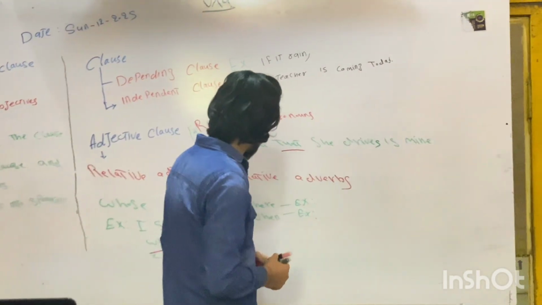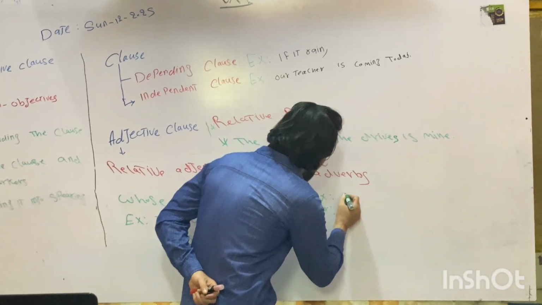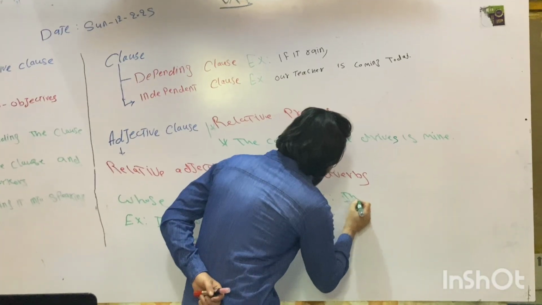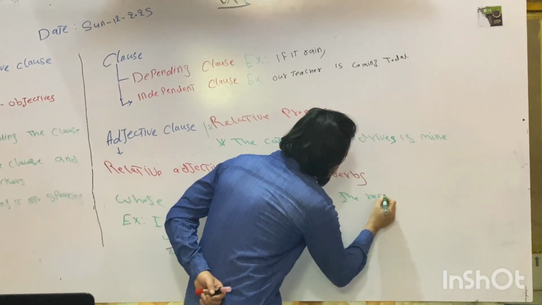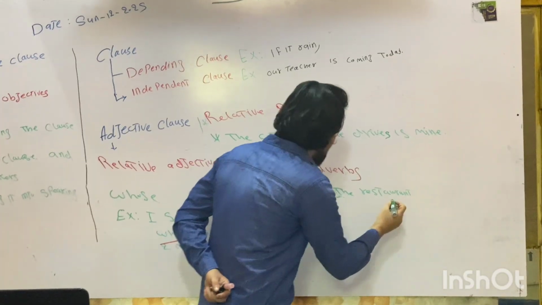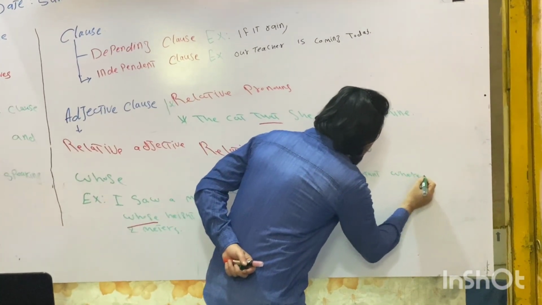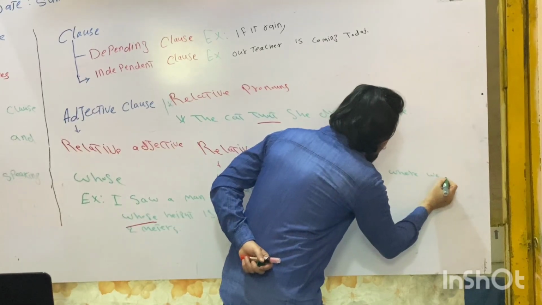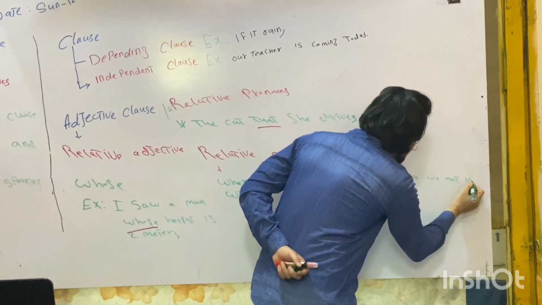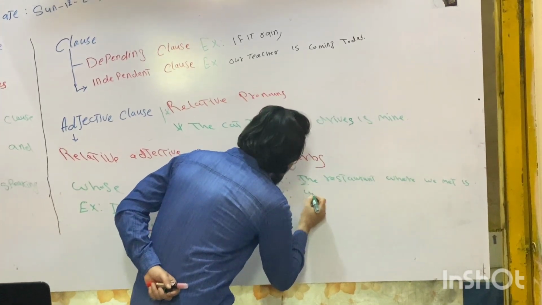If I provide an example, I can say, for example: the restaurant where we meet is unique.